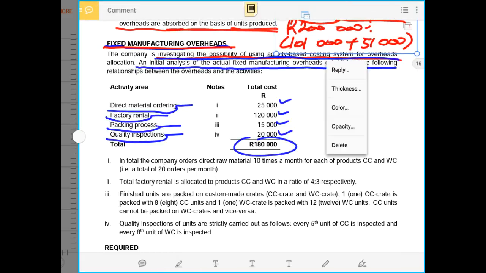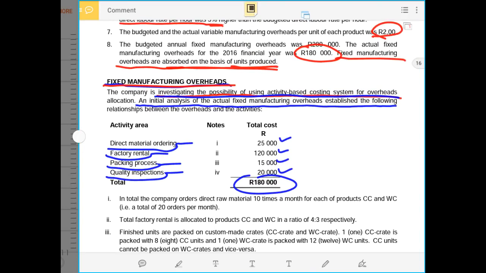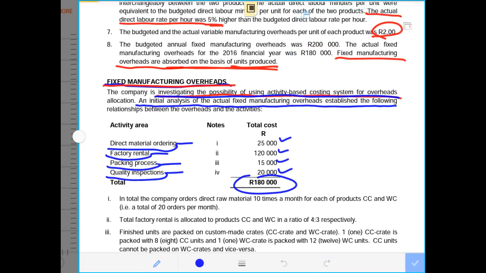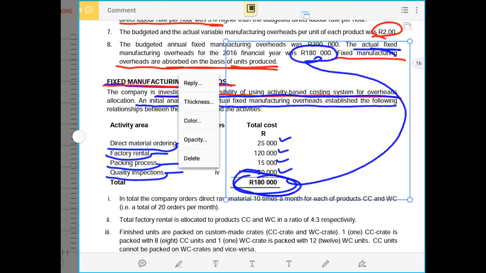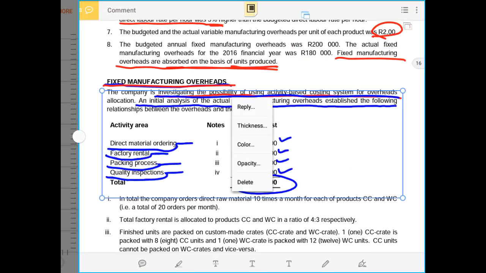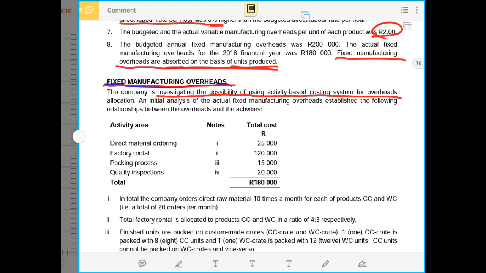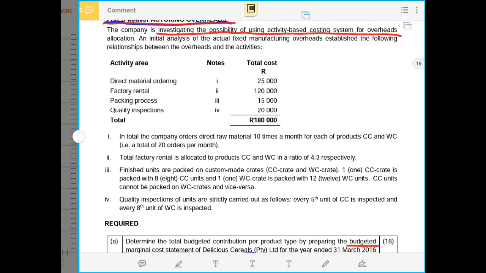This total of 180,000 is exactly the same 180,000 that comes from the actual fixed cost, indicating that this is the actual fixed cost that we are to allocate. But in this case, they are giving us from an ABC perspective.